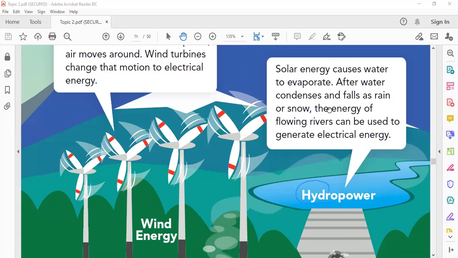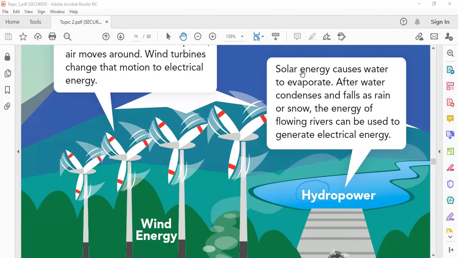As you know, when water moves fast, especially in rivers, it has kinetic energy. This energy is strong. This is a huge amount of energy, and we can use it to produce electricity. Solar energy causes water to evaporate, as you know.